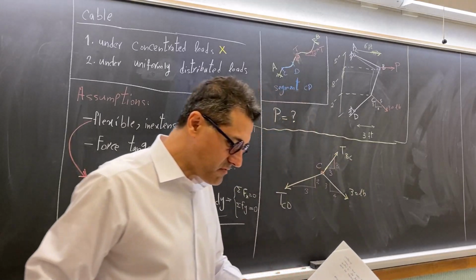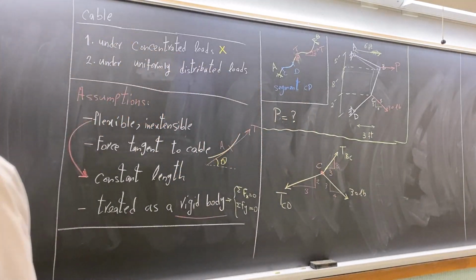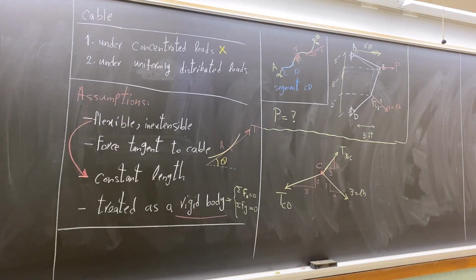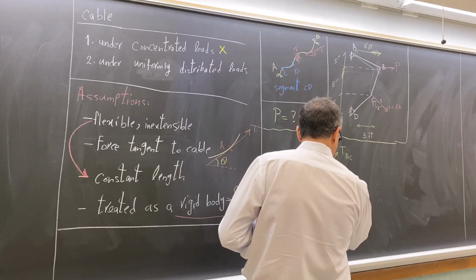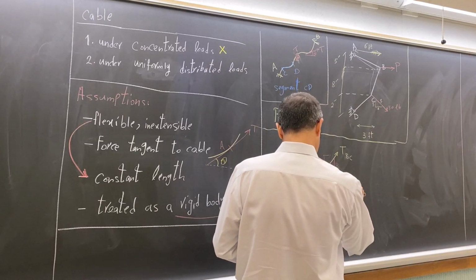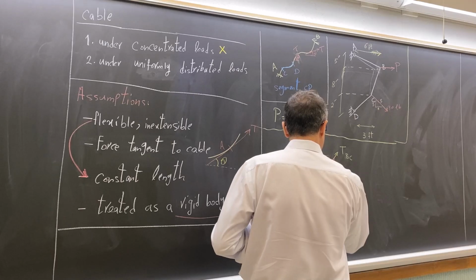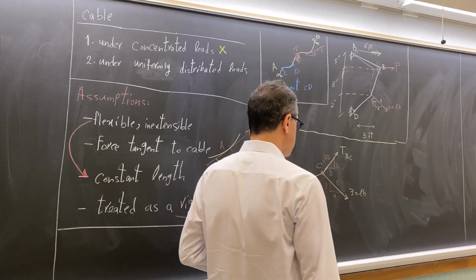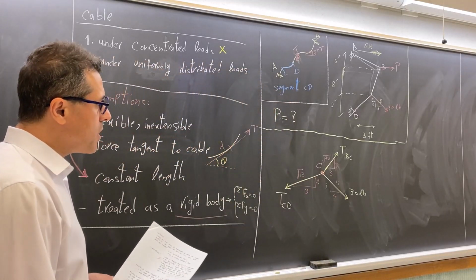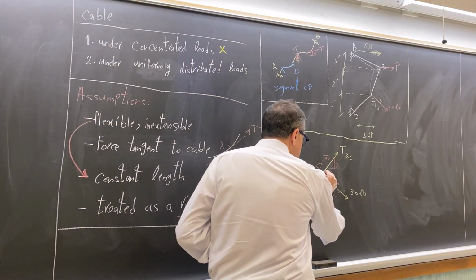So now we have these values. We just use the Pythagorean formula, and we find this value, which is 5, this is square root 73, square root 13. Okay, this is the free body diagram for joint C.